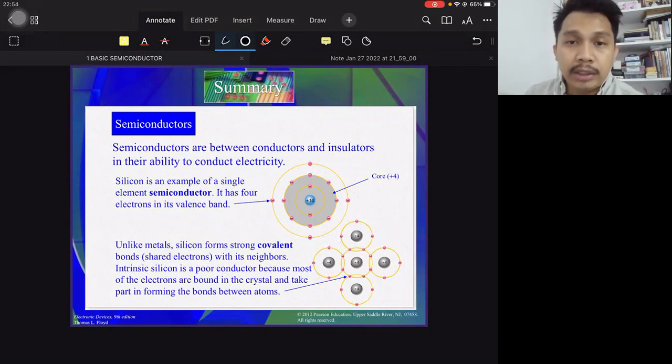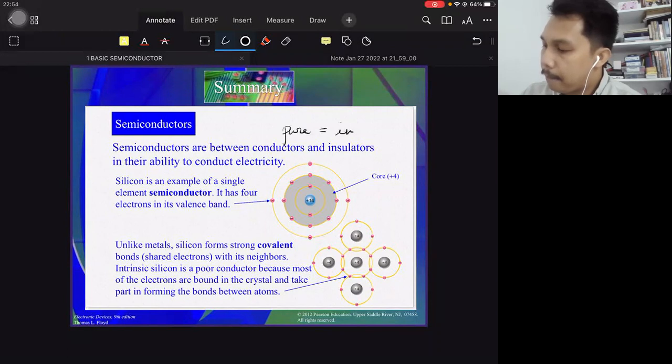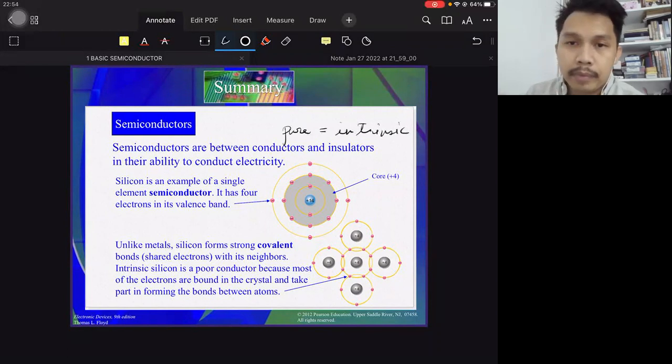A semiconductor in its pure or intrinsic state is neither a good conductor nor a good insulator.